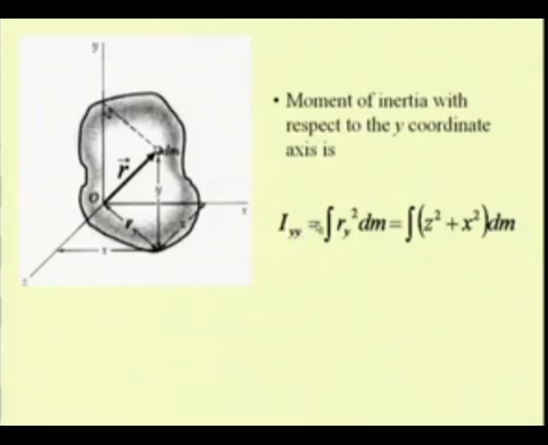So, we have the second moment of this entire rigid body with respect to the y axis, Iyy, which is equal to the integral of the distance of this particle from the y axis.